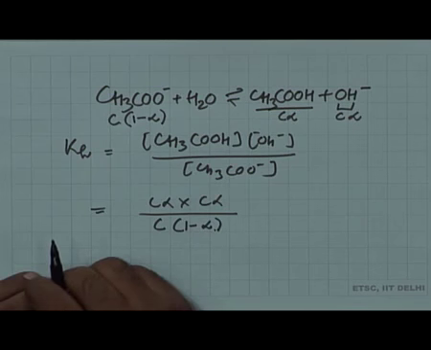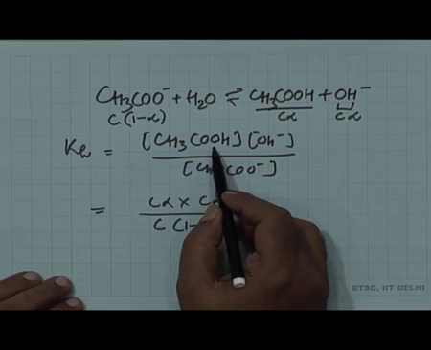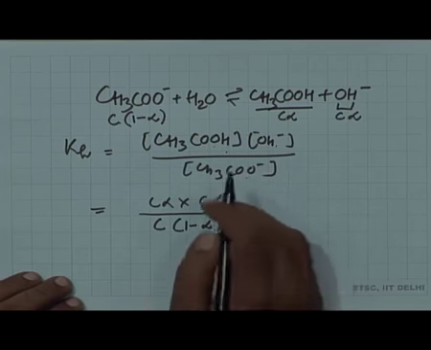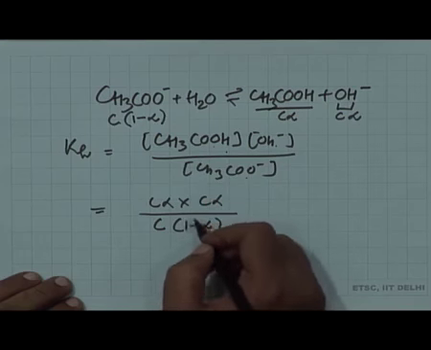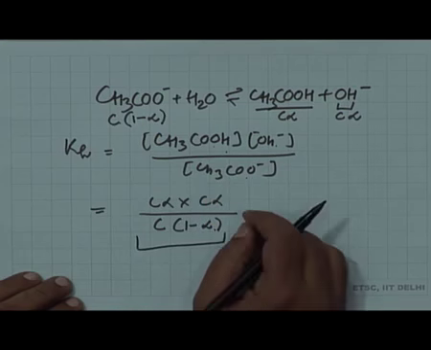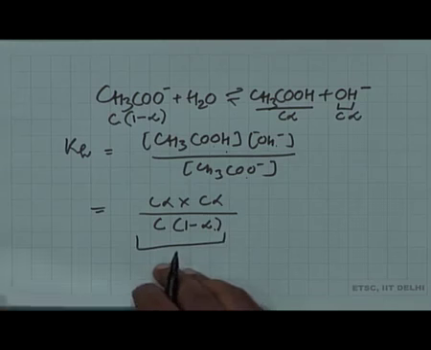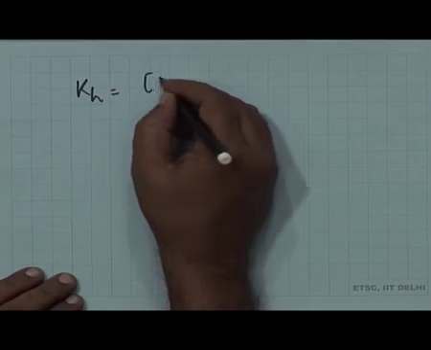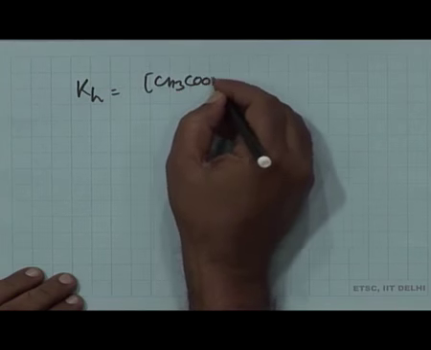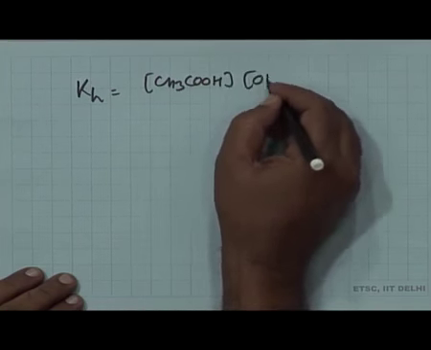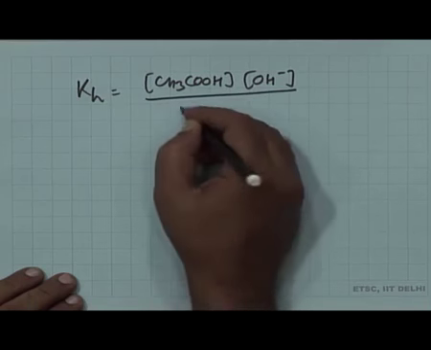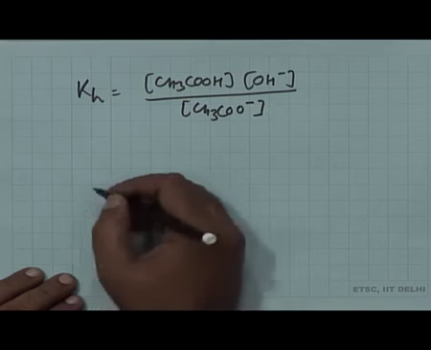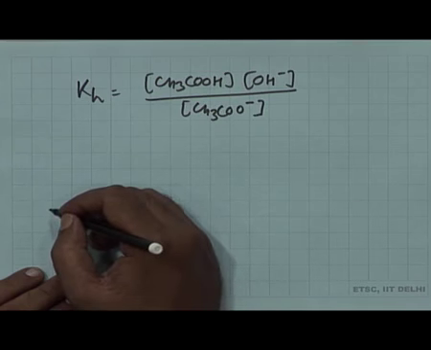So, Kh is acetate ion, acetic acid into OH minus by CH3COO minus ion, or you can express it in terms of alpha also. Now, Kh is CH3COOH into OH minus divided by CH3COO minus ion.